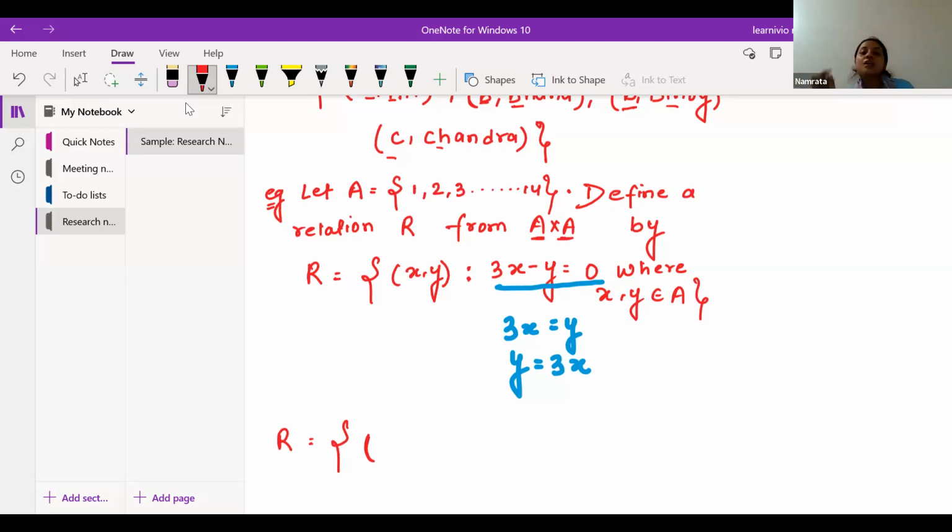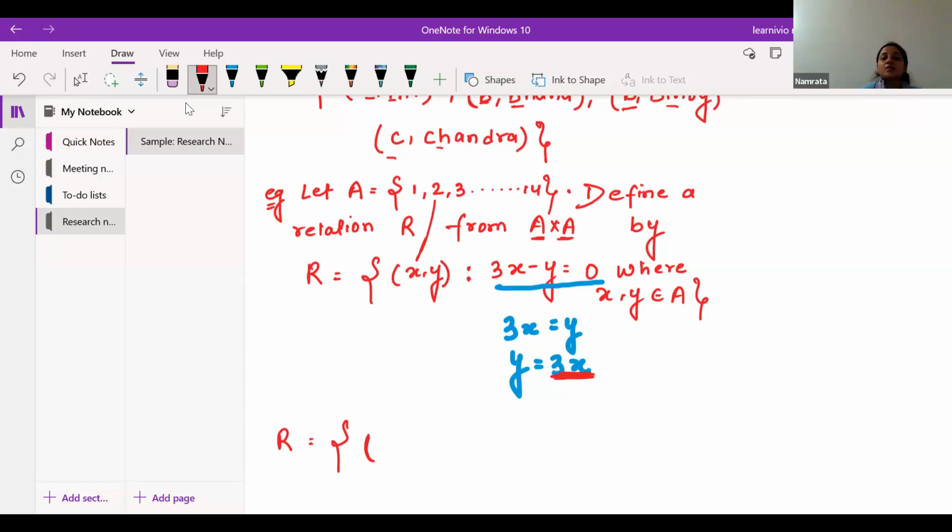Here also the relation will be a subset of that Cartesian product only. So from A we can pick anything as x, but y must be 3x.